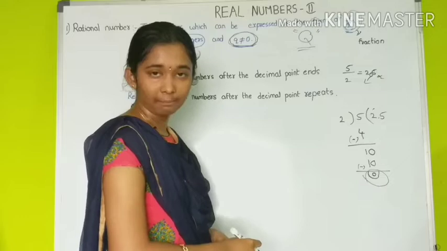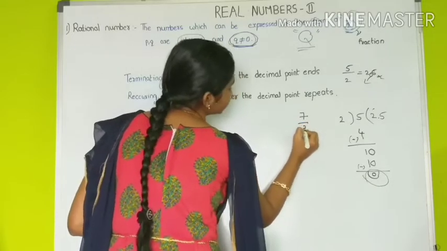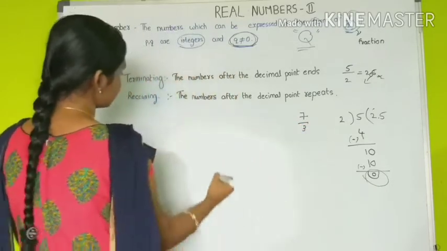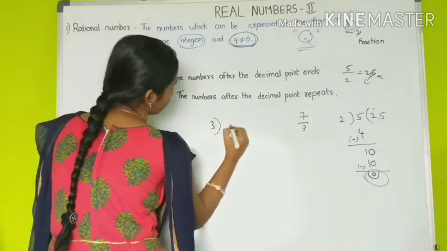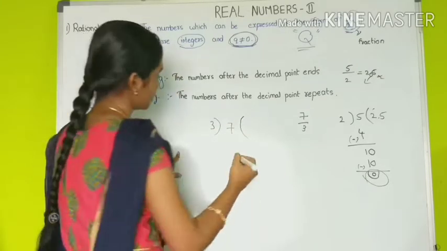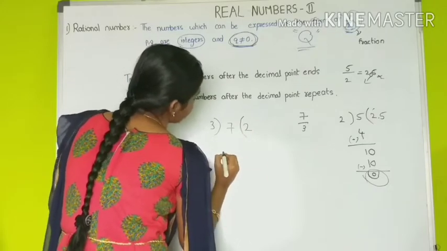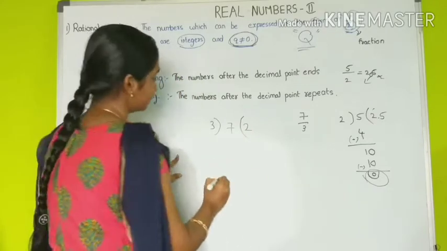Let us take an example, 7 by 3. When we divide 7 by 3, we already know that 3 2s are 6. What is 7 minus 6? That is 1.